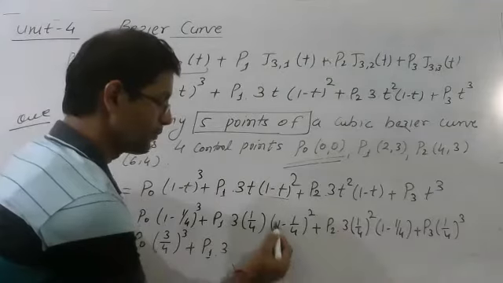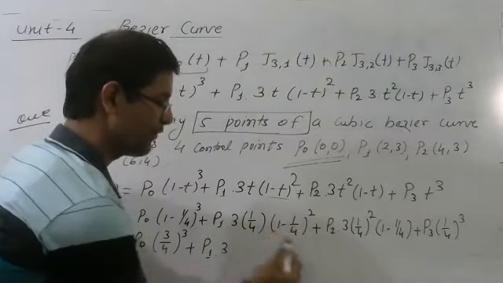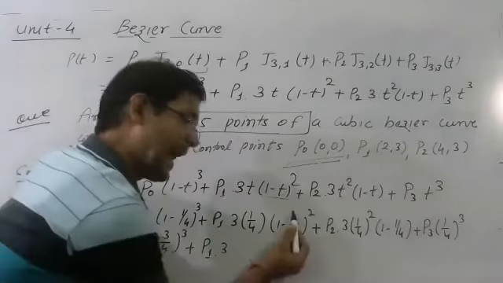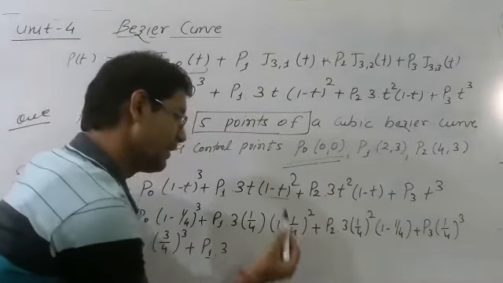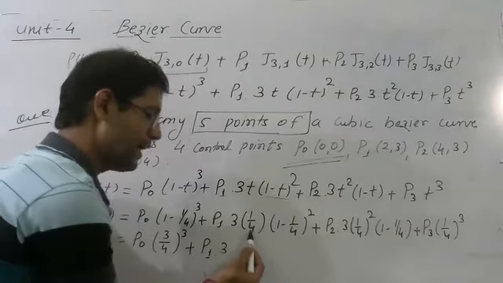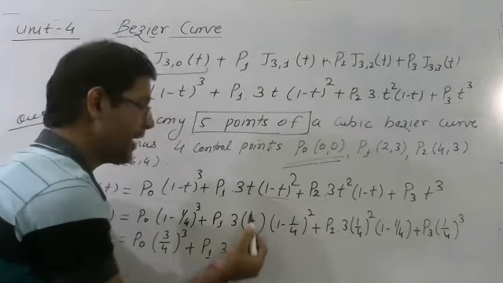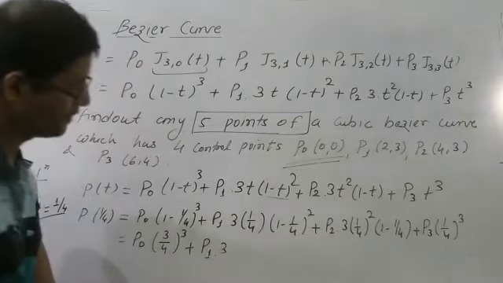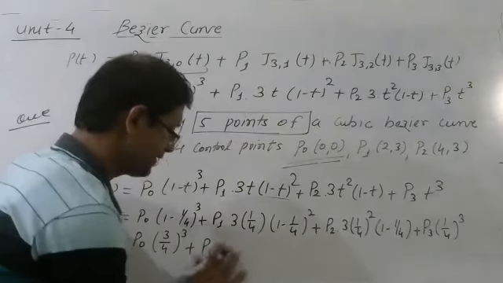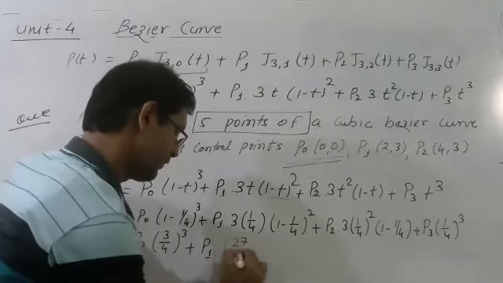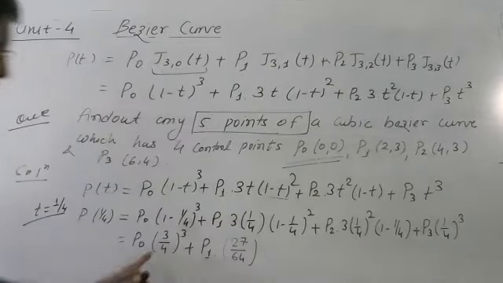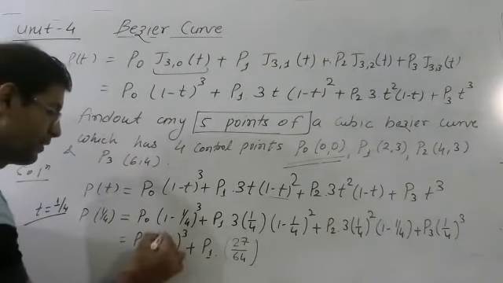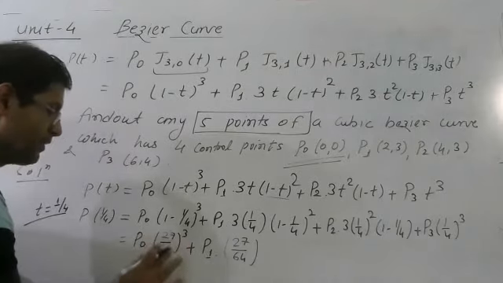This will become 1 minus 1 by 4, that is 3 by 4, and 3 by 4 squared will be 9 by 16. 9 by 16 multiplied by 1 by 4 gives 9 by 64. 9 by 64 multiplied by this 3 will become 27 by 64. Similarly, here also 3 cubed is 27 and 4 cubed is 64.